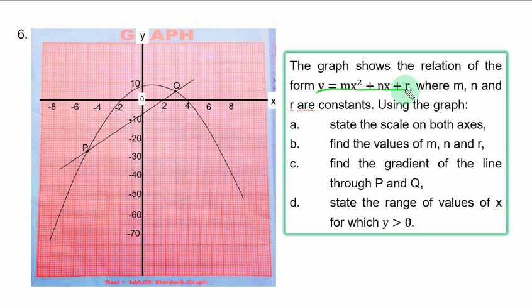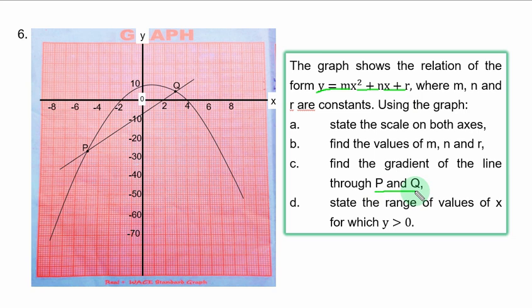Using the graph, A. State the scale on both axes. B. Find the values of m, n, and r. C. Find the gradient of the line through P and Q. D. State the range of values of s for which y is greater than 0.